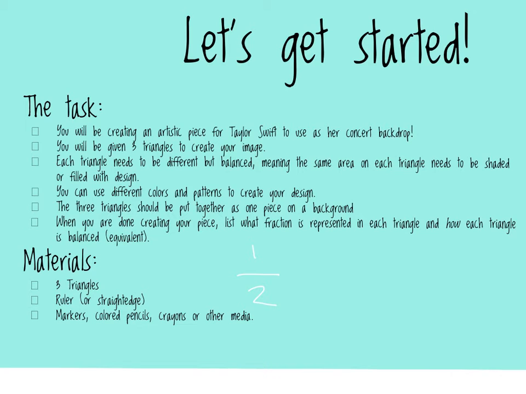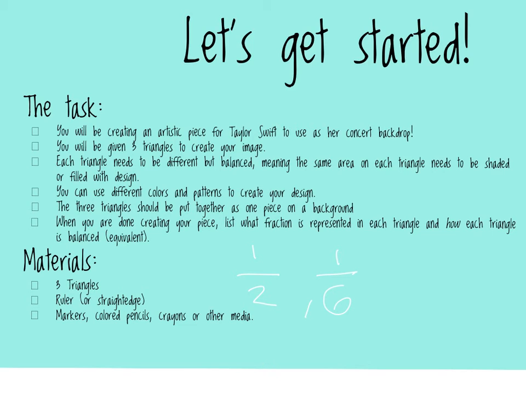And so you're going to be able to do that in a bunch of different ways by finding different triangles within the 3 large triangles. So you're going to want to represent half in each of those 3 triangles in a different way by designing it differently. Your second choice is to do 1/6.